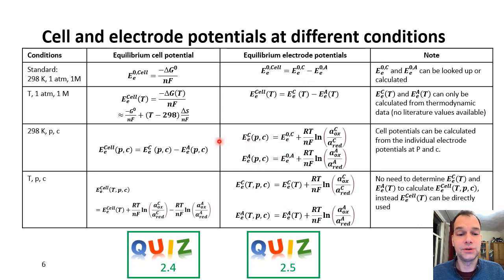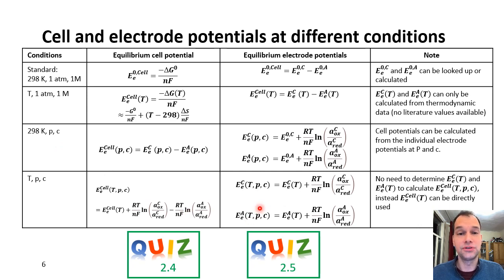So we fill in these equations, and you can then determine the equilibrium cell potential by subtracting the electrode potential for the anode from the electrode potential for the cathode.